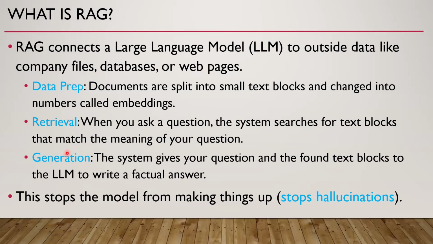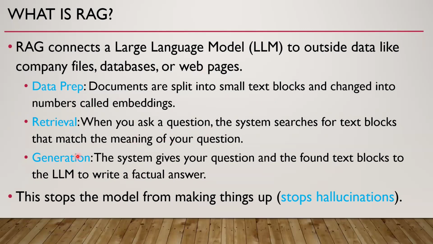These are the steps. First one is data preparation. Documents are split into small text blocks and changed into numbers, which are known as embeddings or vector embeddings. Next step is retrieval. When we ask a question, the system searches for text blocks that match the meaning of our question.